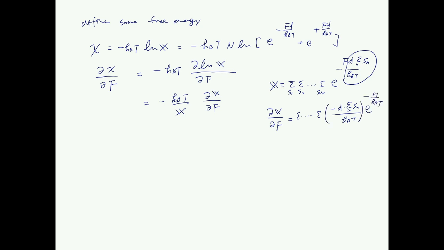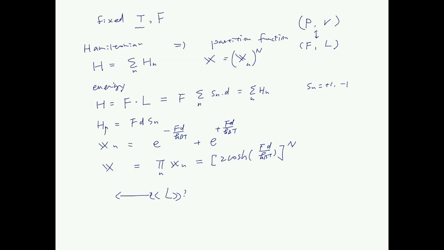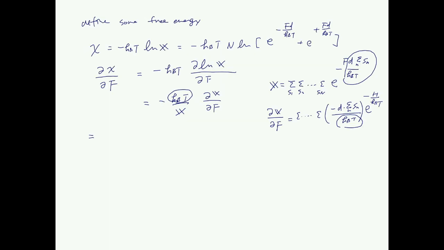I can see this kBT factor cancel, and the minus cancels. So basically I have 1 over the partition function, and I sum over my segment orientations S1, S2 to S capital N. This d multiplied by the summation of Sn is nothing but my L. But this L is a function of S1 to S capital N, and then I have this external Boltzmann weight.